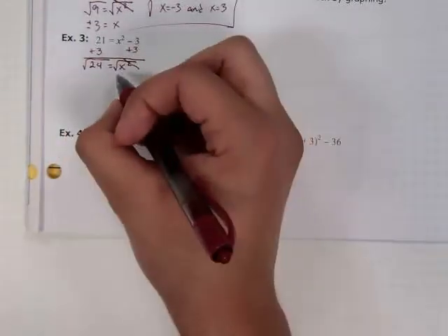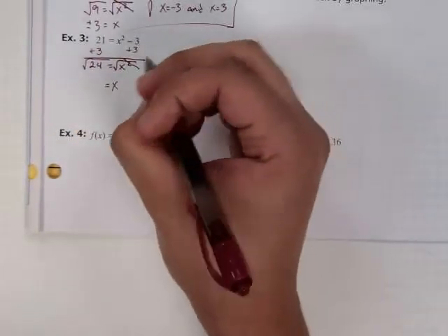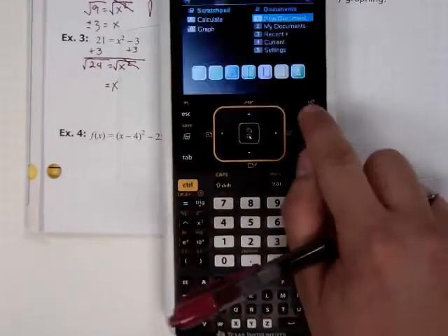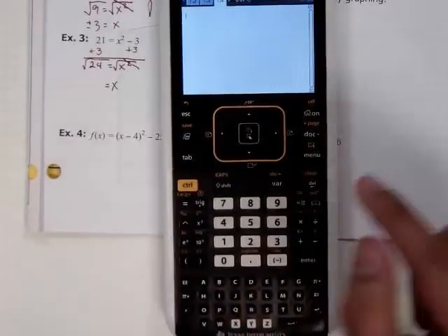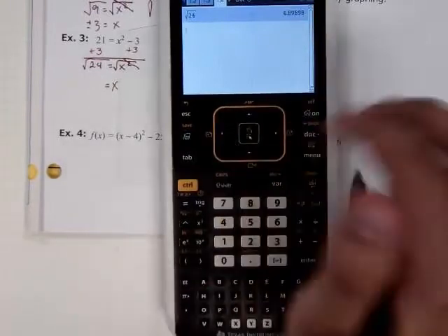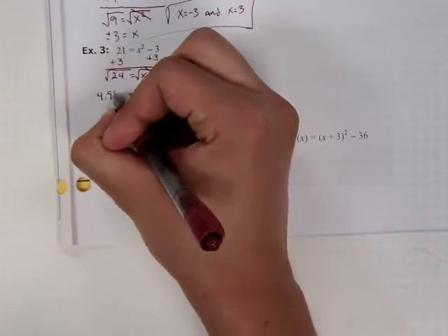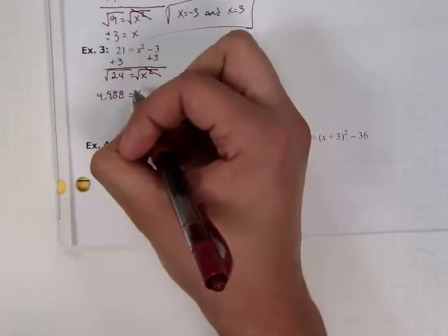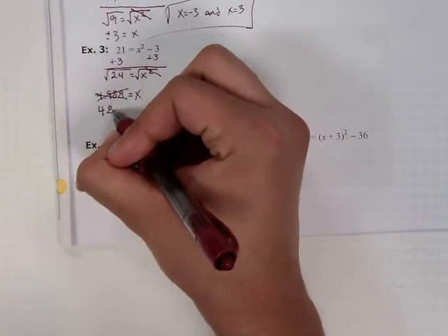So x is equal to the square root of 24, which is 4.898. But what does the second part of step 4 say?